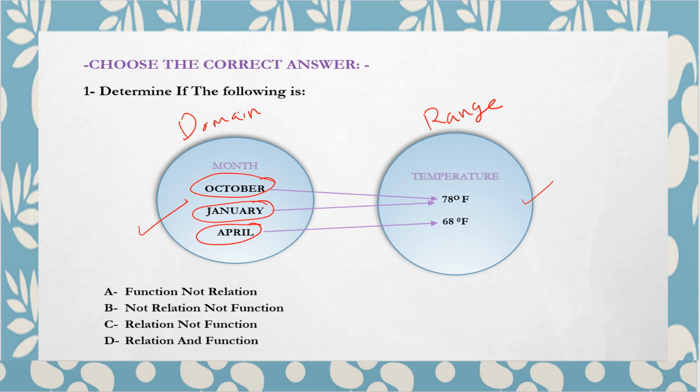So this is a relation because each element in the domain corresponds to an element in the range. And this is a function also because each element in the domain corresponds to exactly one element in the range. So this is a relation and a function. And the correct answer is D.